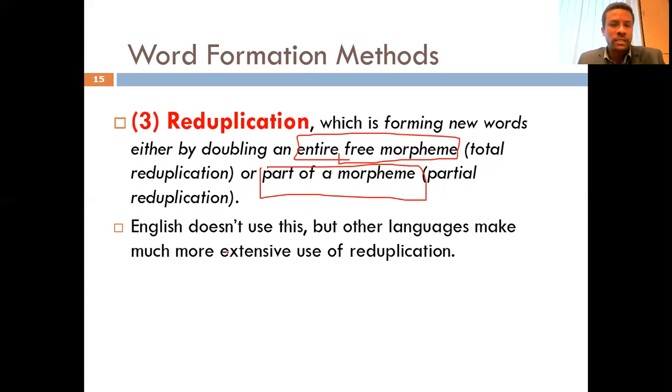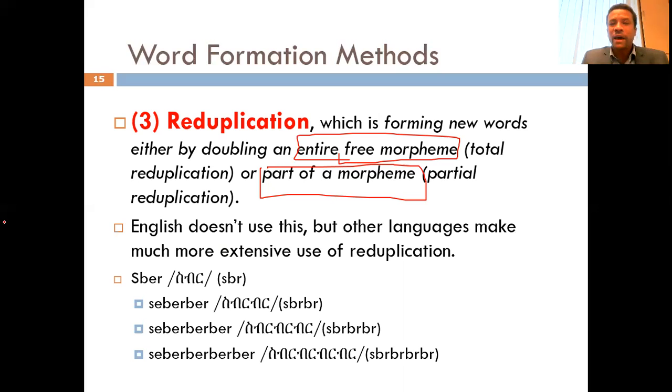English is so poor in such kind of word formation. But have a look at the Amharic word. እንላለን አይደል? ዛሬ ስብርብርብርብር ብያለሁ እንላለን አይደል? አንዱ or ገመቹ. What does it mean? ስብርብር ስንል, it means the action is intensified.